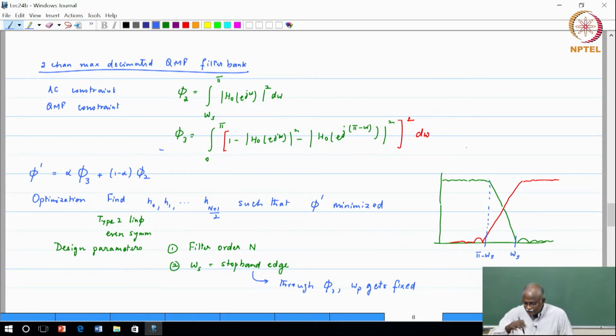That is omega p for the green filter. Okay. So, omega p has to line up with pi minus omega s because of the symmetry constraints, or in other words, omega s plus omega p equals pi. Okay. So, there is a constraint that omega p gets fixed without being explicitly specified, because of the symmetry constraint, the flatness constraint, and you can also look at it pictorially.